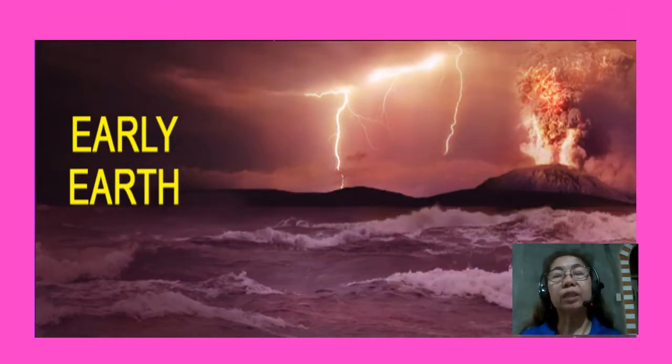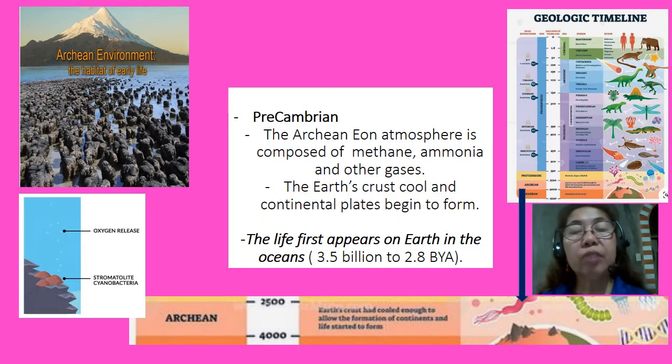Great volcanic activity and intense thunderstorms led to the development of the first organisms. At the very start of the Archean Aeon, the atmosphere was composed of methane, ammonia, and other gases. The Earth's crust cooled and continental plates began to form.